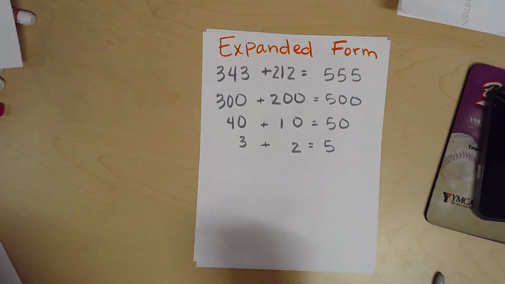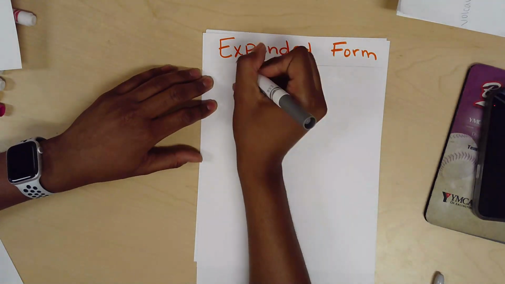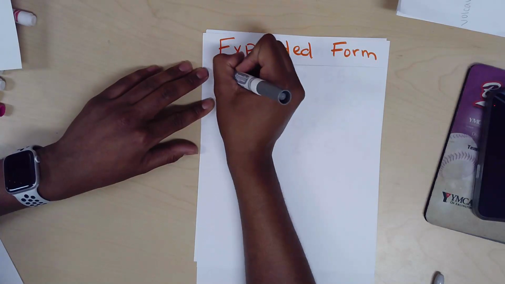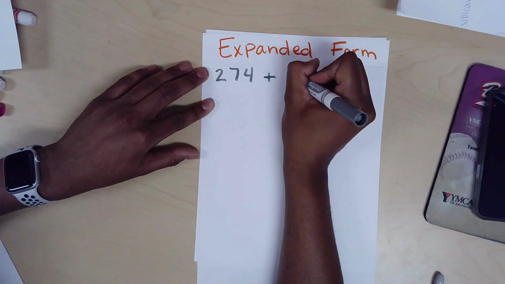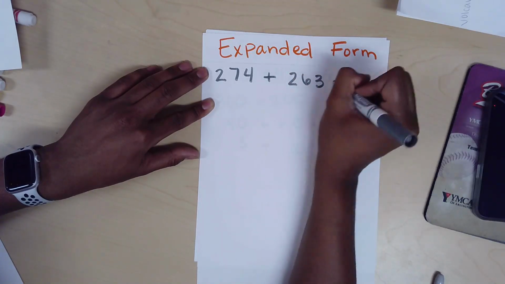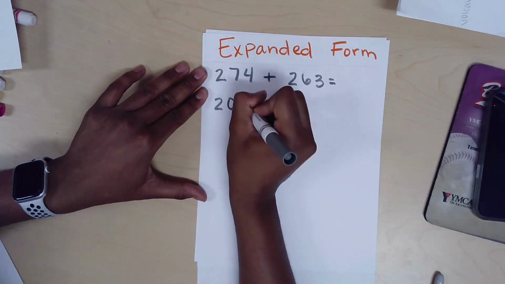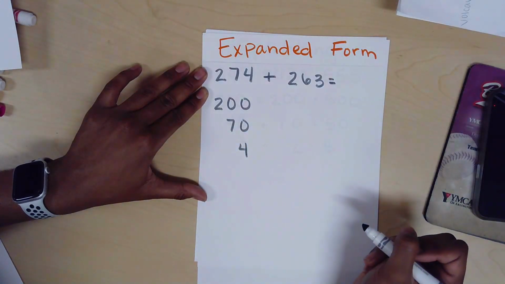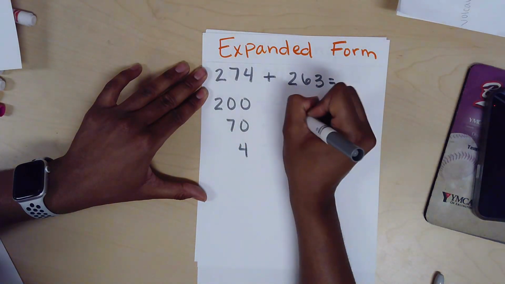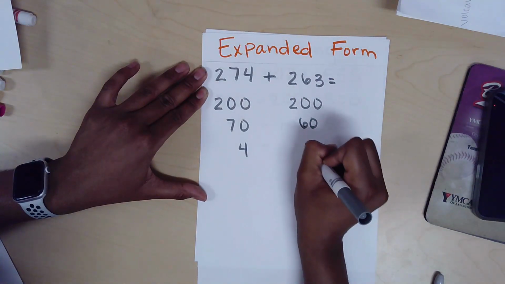So that's the first one using expanded form. Now we're going to talk about that second equation that we did earlier. And so that one is a little bit tougher. It's 274 plus 263. So again, we have 274, and then we have 263.